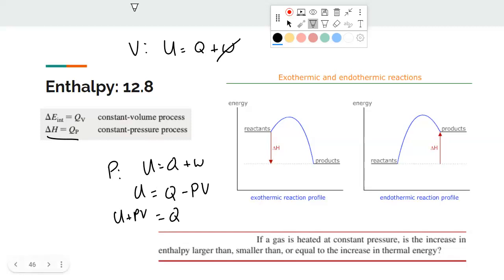So depending on the type of process, we can equate the heat that we add or subtract from the system to either the internal energy for a constant volume process or to the enthalpy for a constant pressure process. And then like we saw for an adiabatic process, there Q is 0. So we can just relate the, and sorry, this should be delta U, technically speaking.